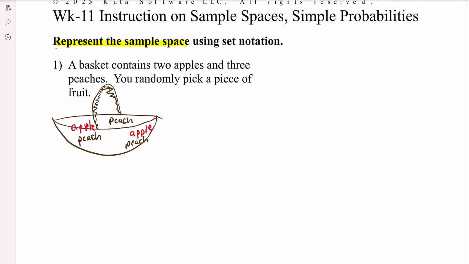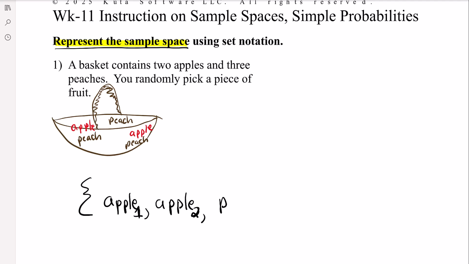Okay, a sample space just tells us what the options are of what we're talking about. So you have a basket that contains, and I don't draw well, so I just wrote the words apple, apple, peach, peach, peach. When you're doing the sample space, we've got apple 1, apple 2, and then each peach.